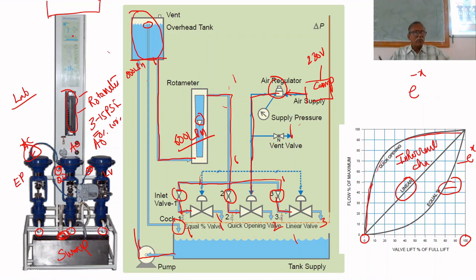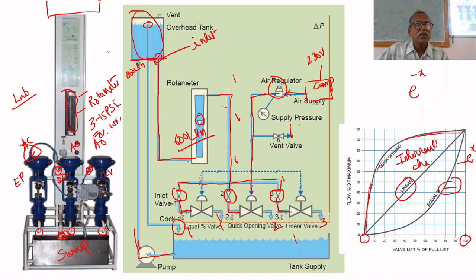Always this pump will pump because we have to give excess, because the tank is always full. If the tank level varies, the inlet pressure will vary. Are you able to understand that point? If the tank level varies, the inlet pressure varies.